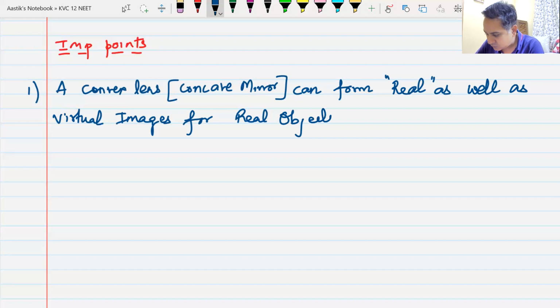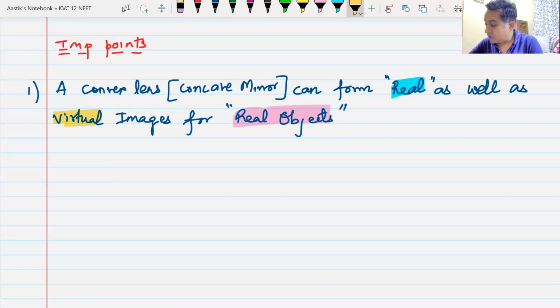Yes or no? Yes, sir. For real objects, my dear friend, a convex lens or a concave mirror can form both real as well as virtual images. Get this?